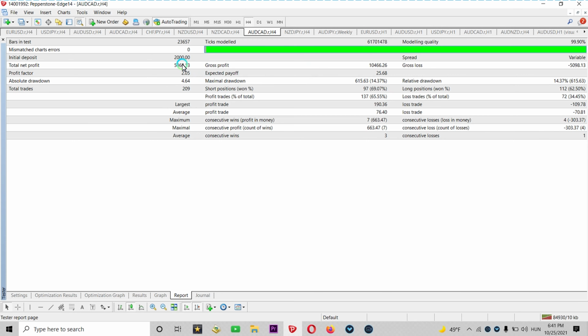And as you see, the total net profit is actually quite big, and we have only a 14% maximum drawdown, and a pretty good win rate. So I am really satisfied with these statistics.